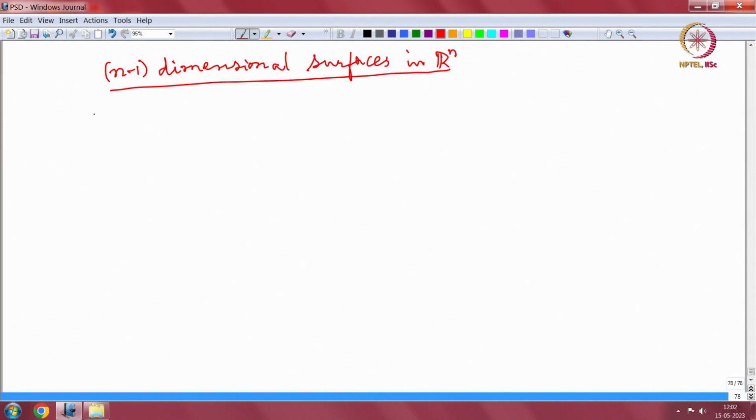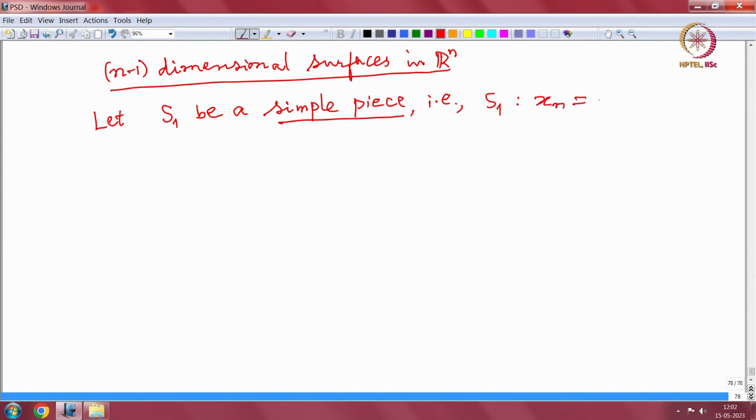So, let S1 be a simple piece. That is, this is a special case of a surface, that is S1 is described by an equation of the form xn equal to phi of x prime.